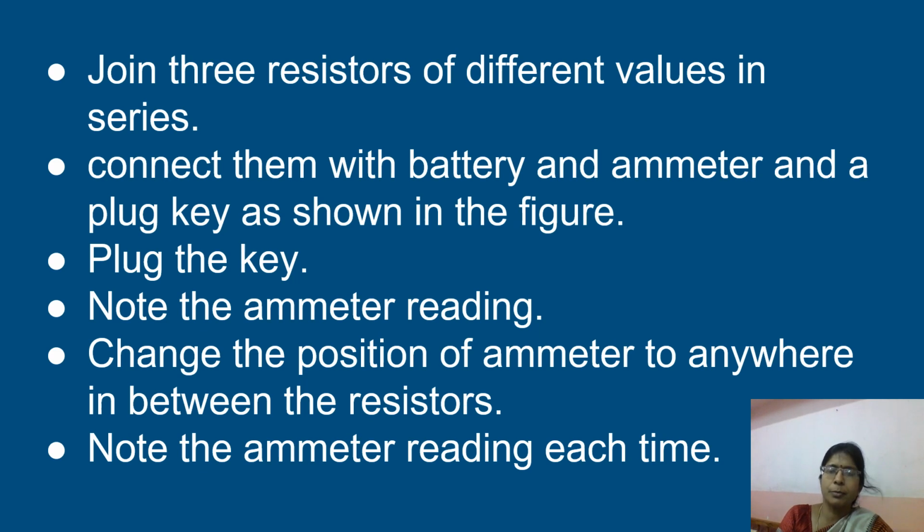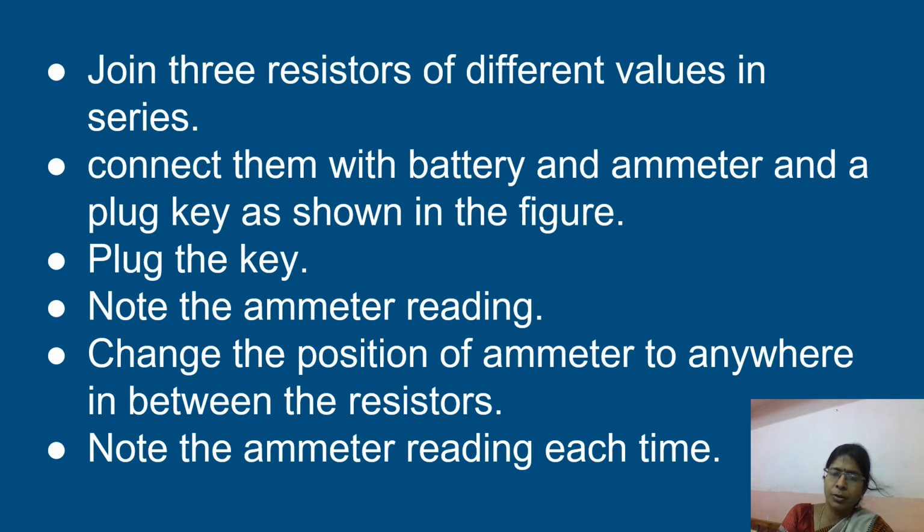You'll get some reading. Then change the position of ammeter to anywhere in between the resistors. Earlier, in the first case, the ammeter is in between battery and the first resistor. After noting down the reading at this position, change the position of ammeter in between the resistors.